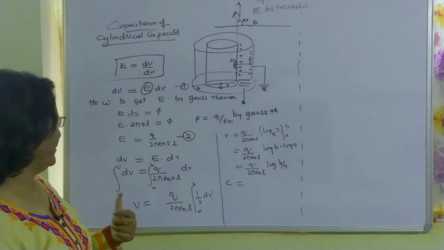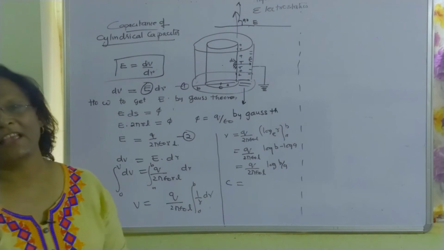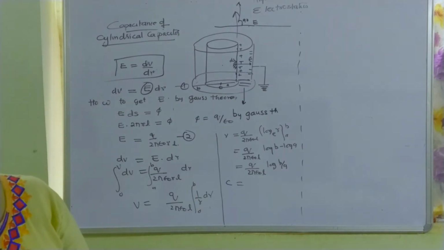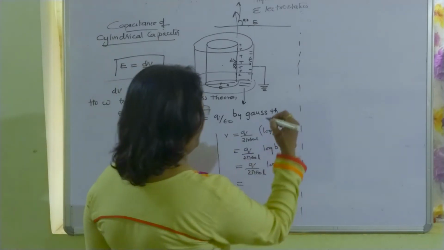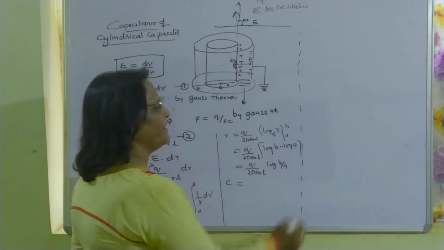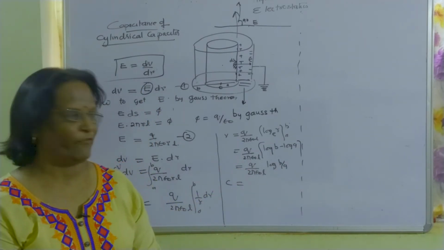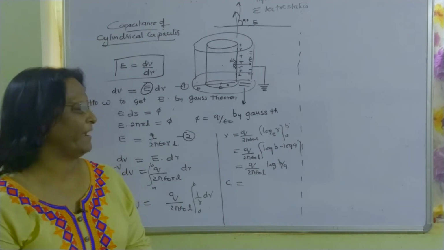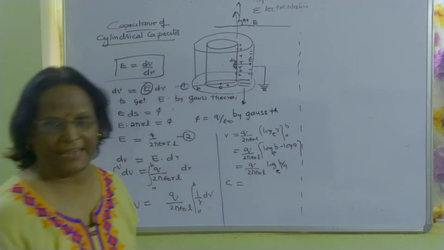So then for the potential we integrate q upon 2 pi epsilon 0 L times 1 upon r dr. When we integrate 1 upon r dr, it gives log e r, and the integration limits will be from a to b. Applying the limits, log b minus log a can also be written as log e of b upon a.